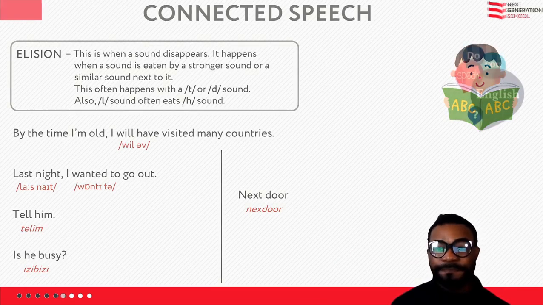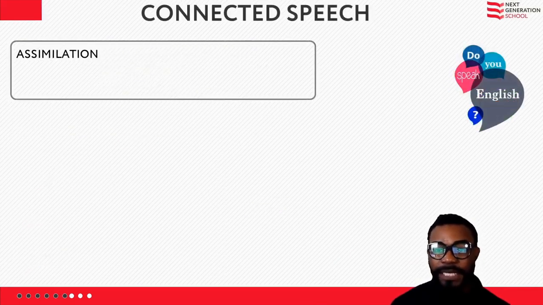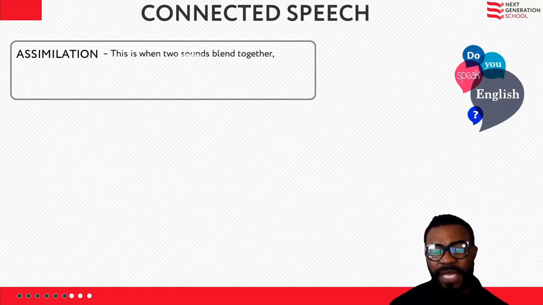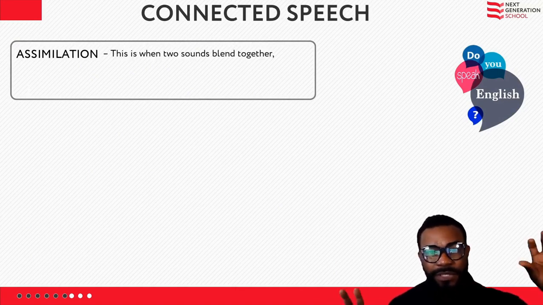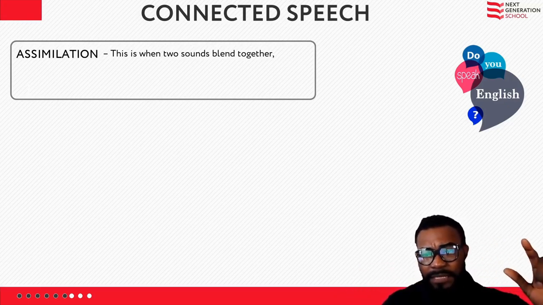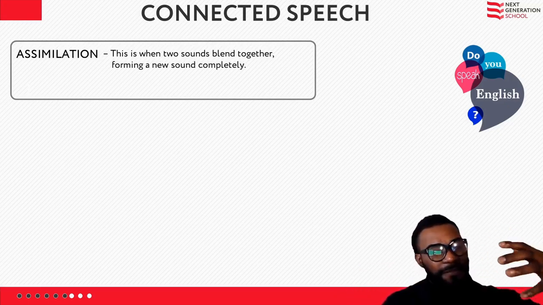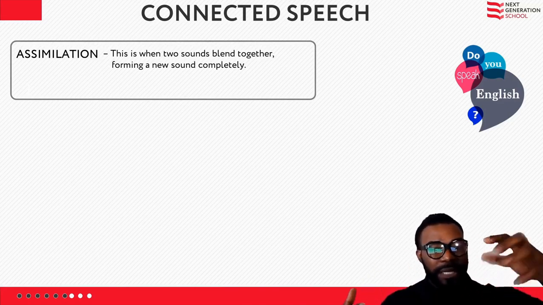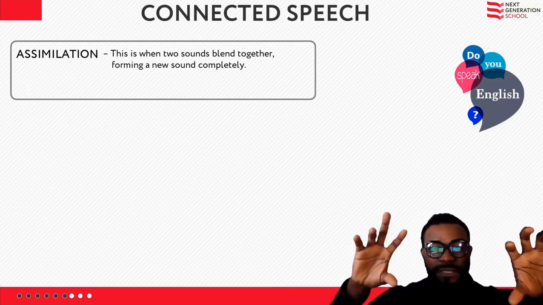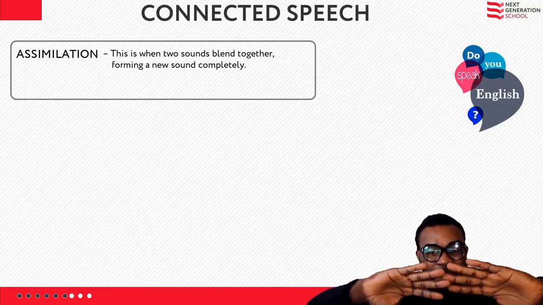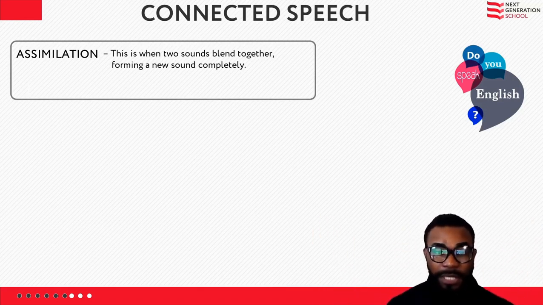Let's continue. Next is assimilation. What is assimilation? This is when two sounds blend together and they form a new sound completely. So we have a sound, we have another sound, they come together, blend together, forming a new sound completely.